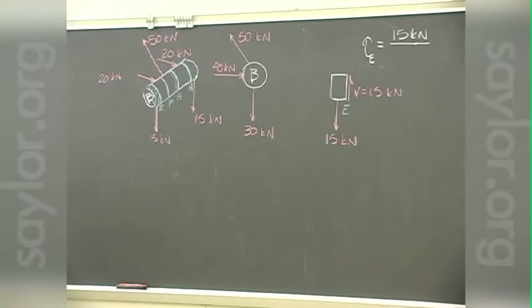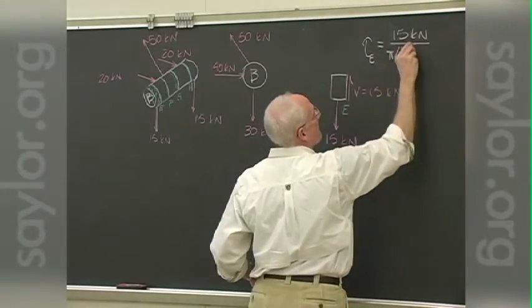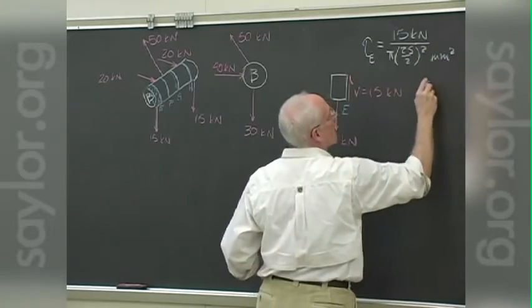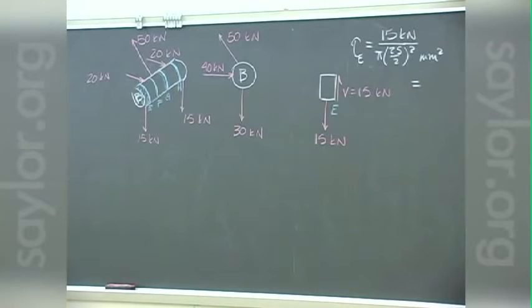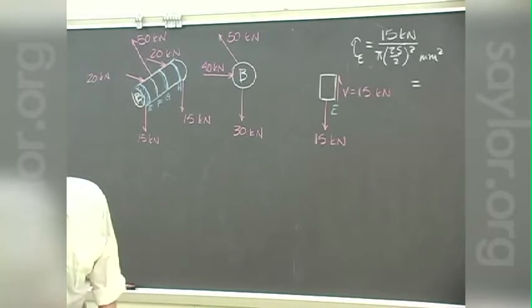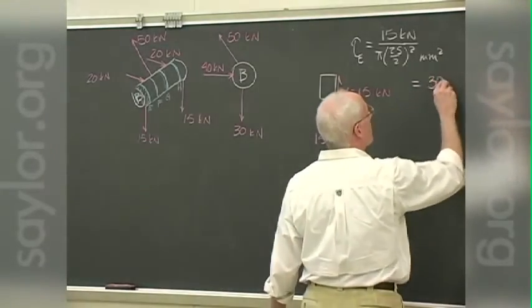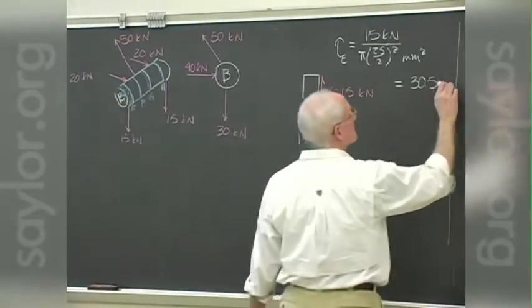Pin B is how big? Here's pin B, 25 millimeters. And so what's the shear there? 30.5. Looks good enough. Any units? Megapascals.